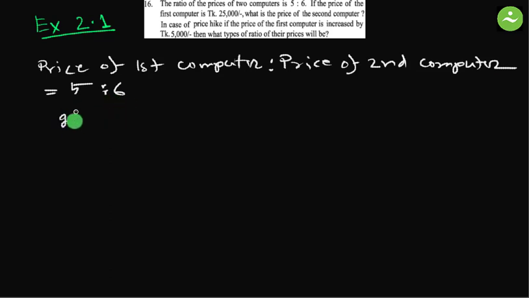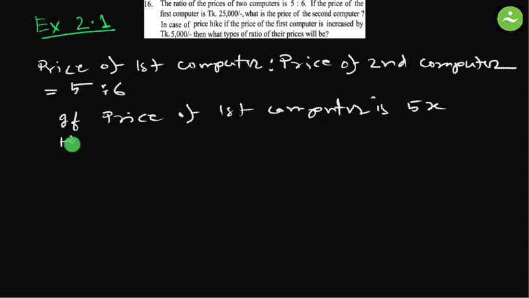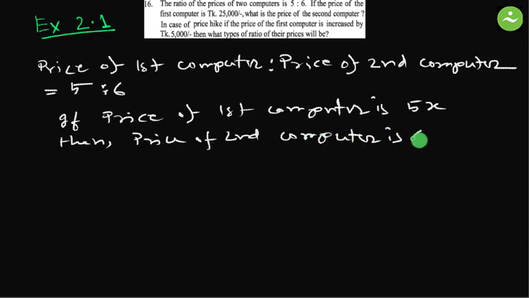If price of first computer is 5x, then price of second computer is 6x.